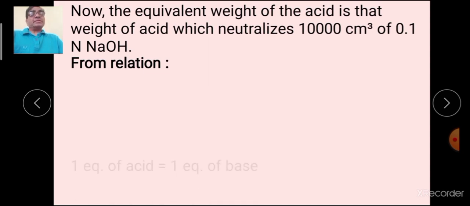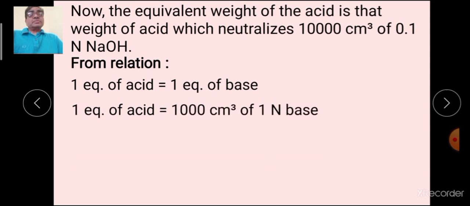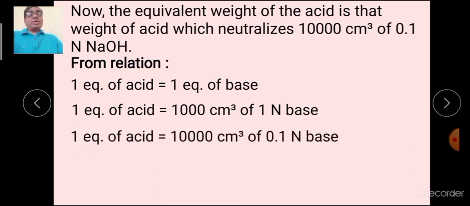Let us see. 1 equivalent of acid is equal to 1 equivalent of base. 1 equivalent of acid is equal to 1000 cm cube of 1 normal base. And again 1 equivalent of acid will be equivalent to 10,000 cm cube.